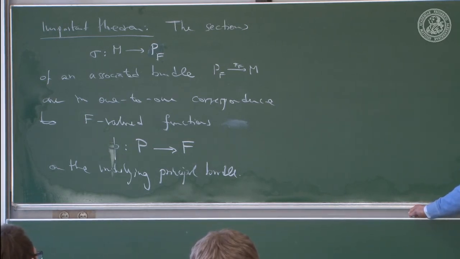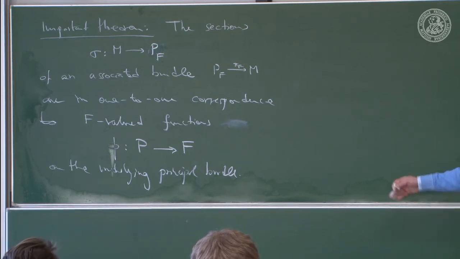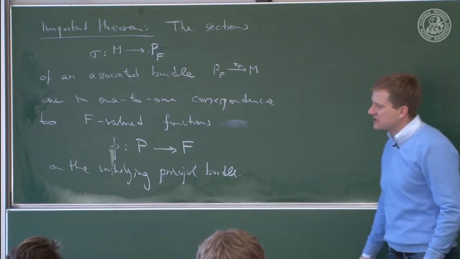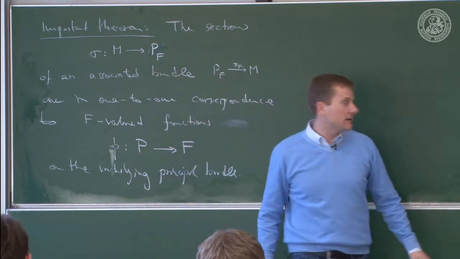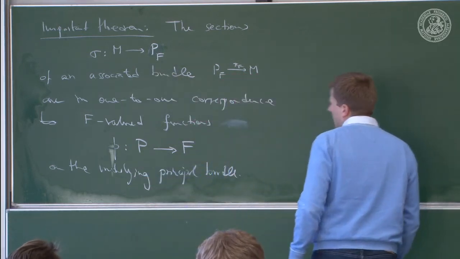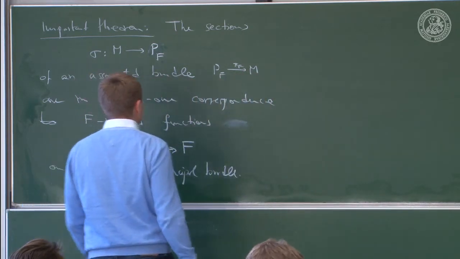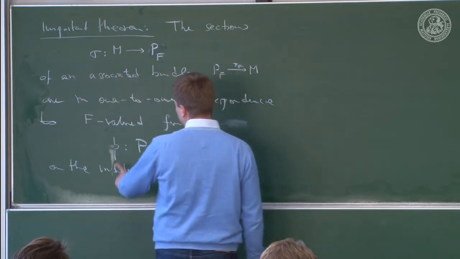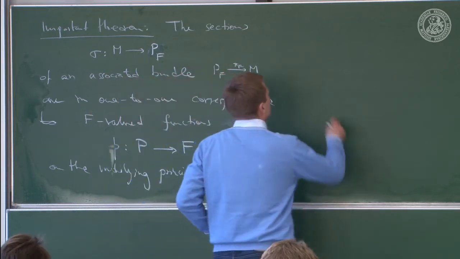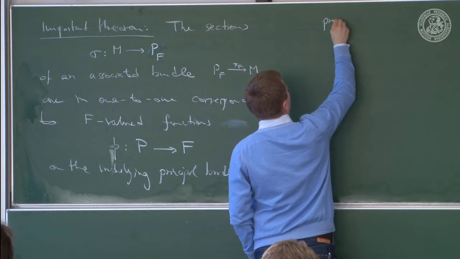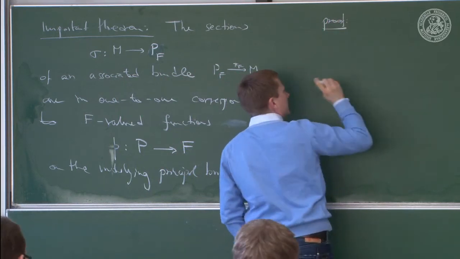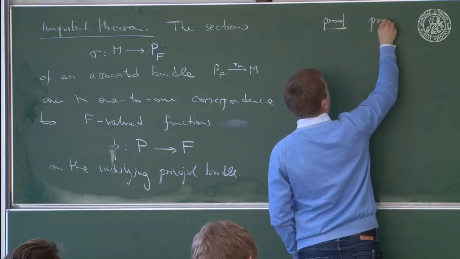So that's kind of interesting, because you can always think of a section as a function, but only on the underlying principal bundle. And the section is then given by this phi. Proof: I also put this on the problem sheet, but I give you some hint already.